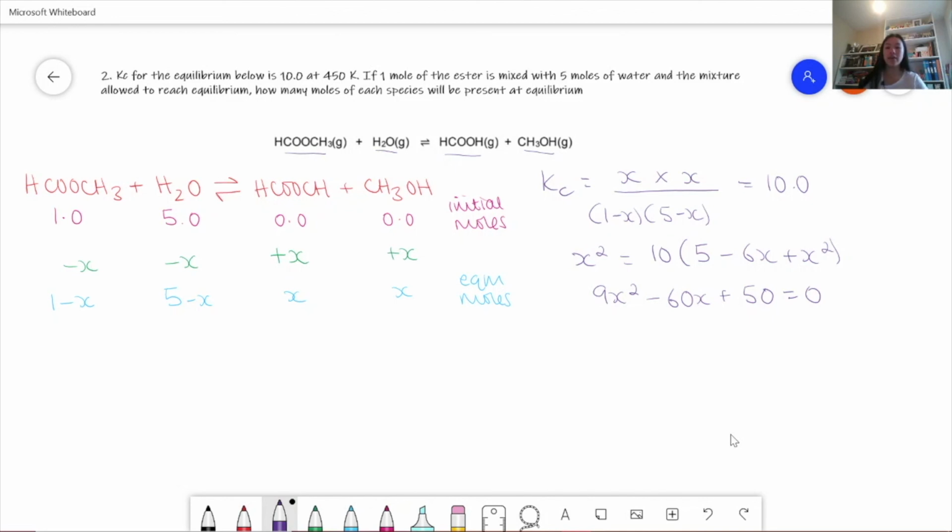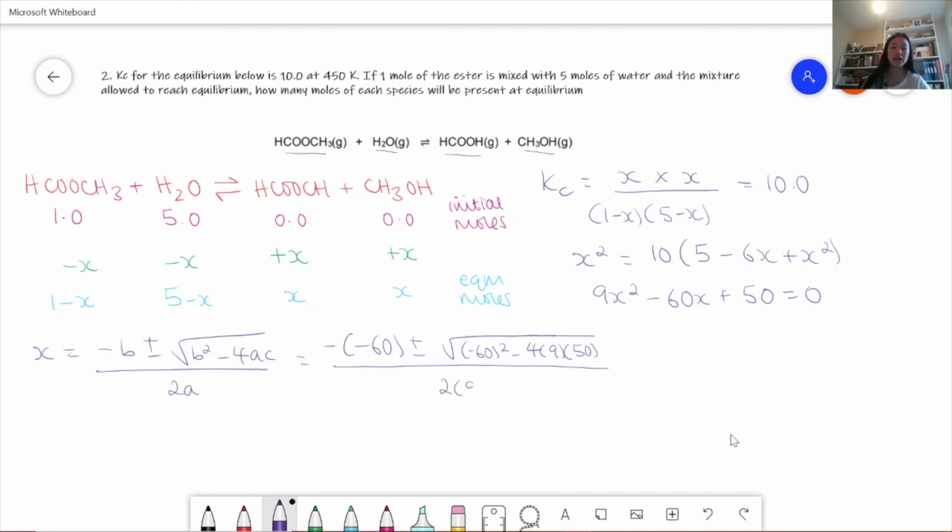So we get x equals minus b plus or minus the square root of b squared minus 4ac, over 2a, which is minus minus 60 plus or minus the square root of minus 60 squared minus 4 times 9 times 50, all over 2 times 9. And this gives us x equals 5.69 or x equals 0.976.